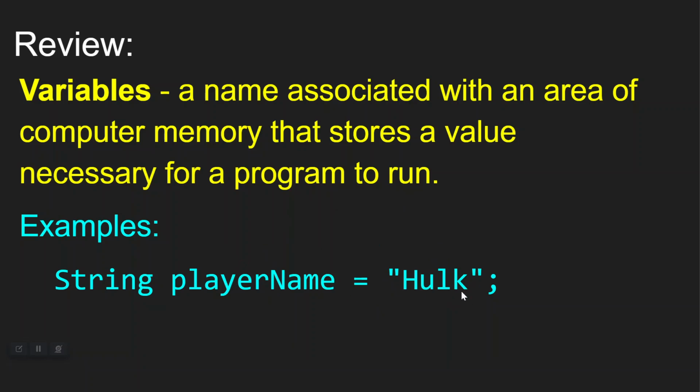So what that means is that in our computer, we're going to take this value Hulk, and we're going to be storing it somewhere in our computer memory. And that is going to be associated with the name playerName. playerName, again, will be the variable that is pointing to that area in memory, storing the value of Hulk.